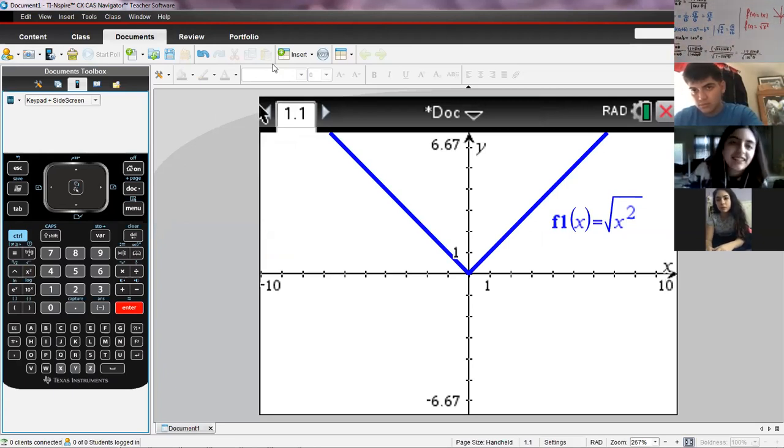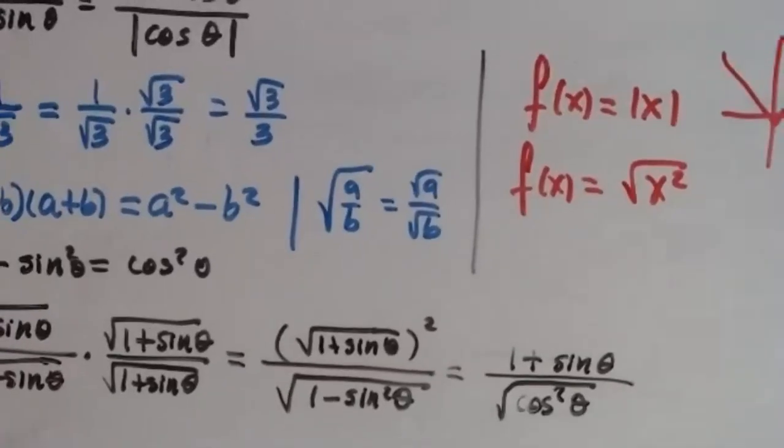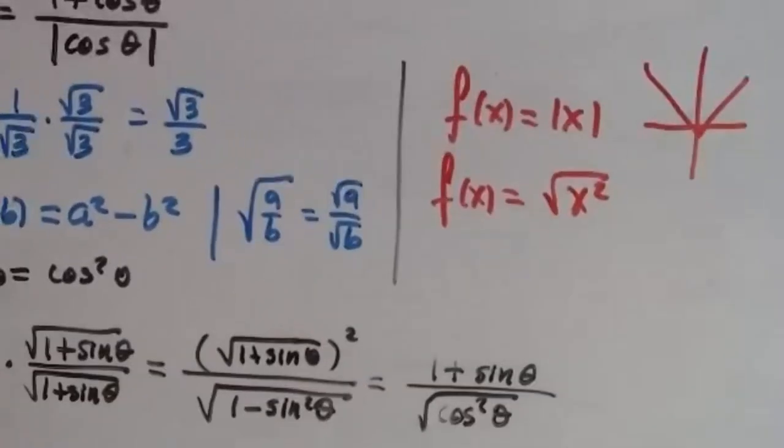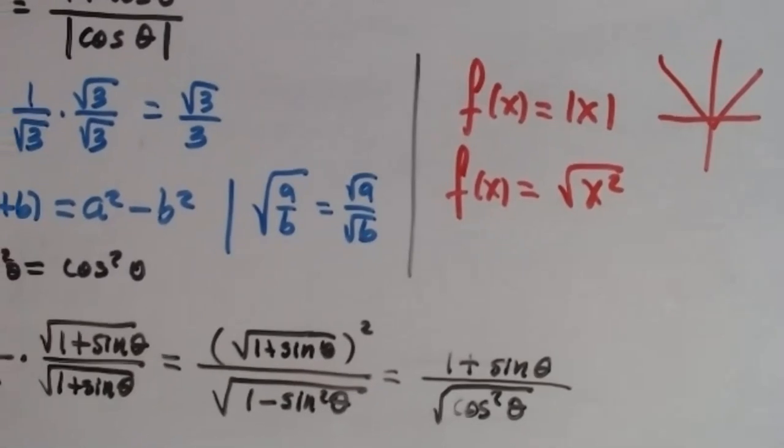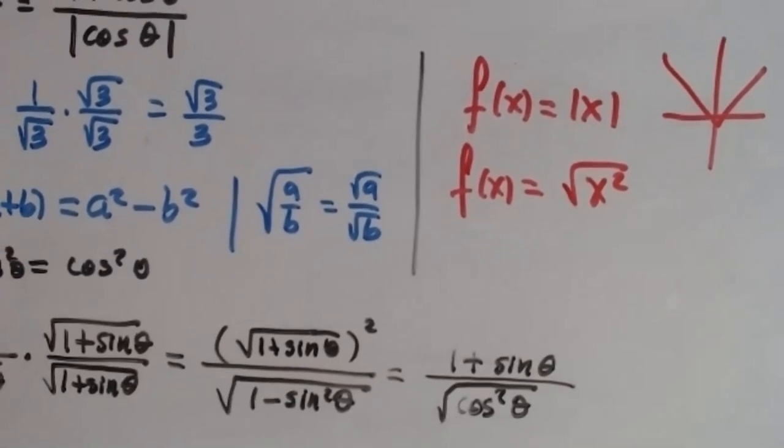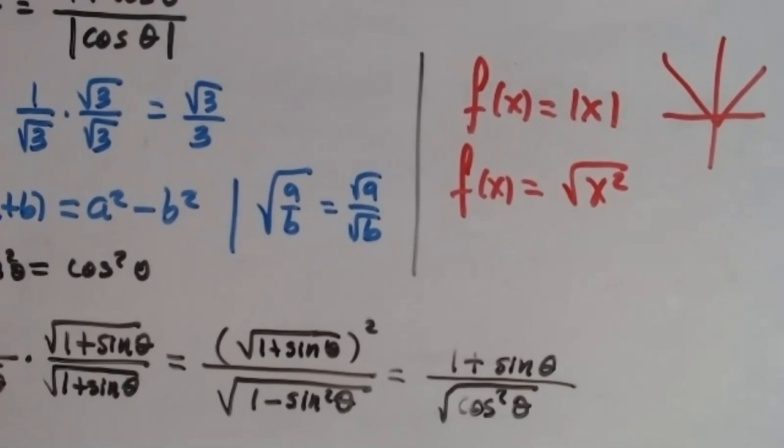Why am I doing this? Let me stop sharing here. So I asked you, what is the graph of the absolute value of x? Well, you learned that that's the V. Remember this graph? It's very used. The absolute value of x is the V. Now my question is, what is the graph of the square root of x squared? You were guessing, well, this cancels out, so it has to be x, a line. Well, let me use the calculator. The calculator is not going to lie.